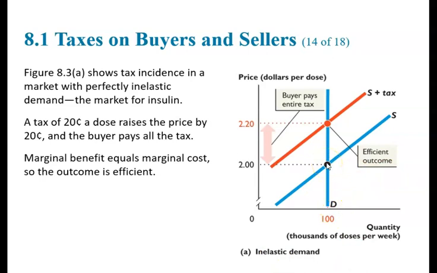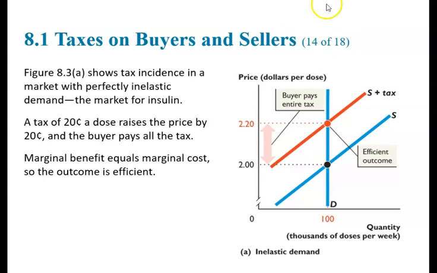So you can take a look at it in the sense that since this is a sort of a necessity good for people who actually need it, it won't really matter if some sort of a tax is imposed. The same quantity will be bought by the buyers.